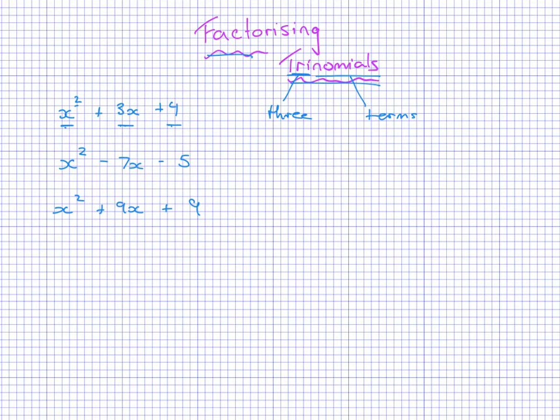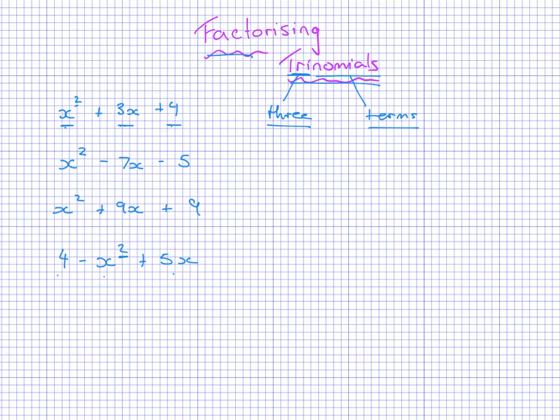It could also be rearranged. You might see something like 4 take away x squared plus 5x. All that matters is that it has 3 terms and the highest power on any of the terms is a 2. So this indicates it's a quadratic, and the 3 terms indicates the trinomial.